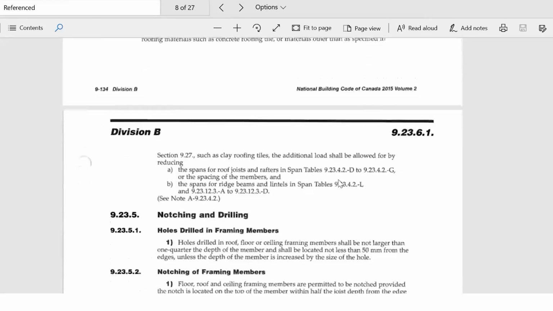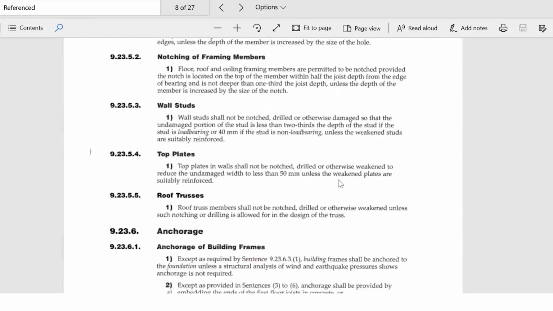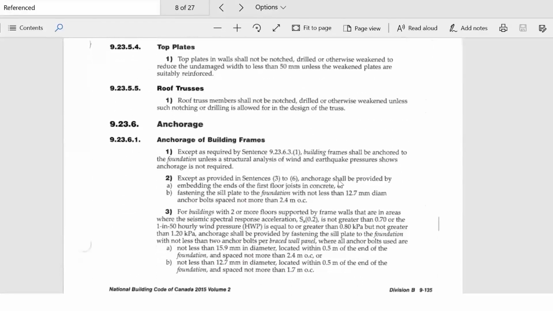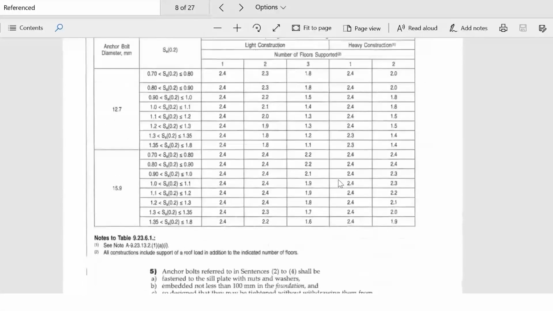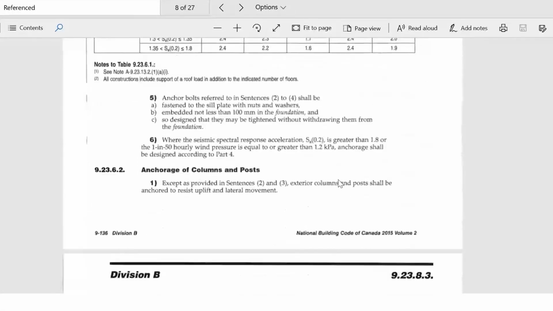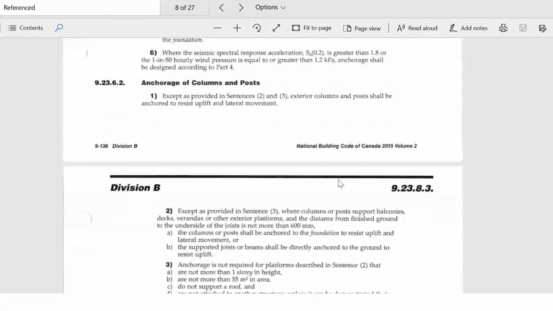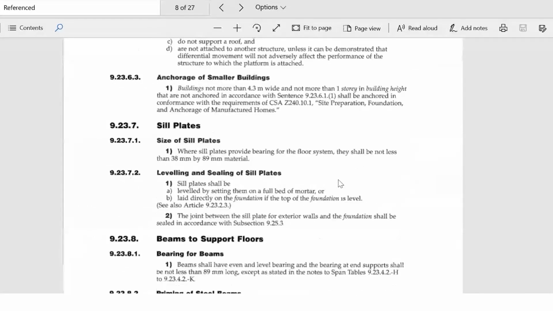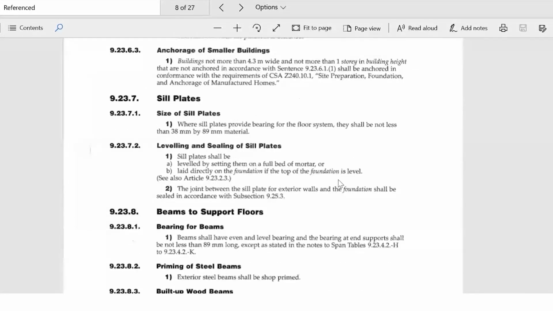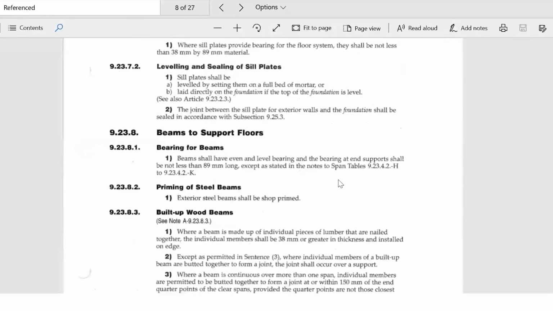It goes on to notching and drilling. I'm not going to go read that. It talks about the anchorage and anchor bolt spacings, anchorage of columns and posts, anchorage of smaller buildings, sill plates, beams to support floors.